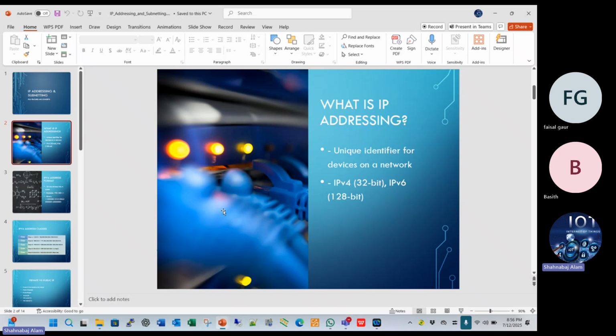Without an IP address, how can it communicate? Any device needs a unique IP address, and we cannot assign the same IP address to multiple devices. If you do, you will get an issue, right?